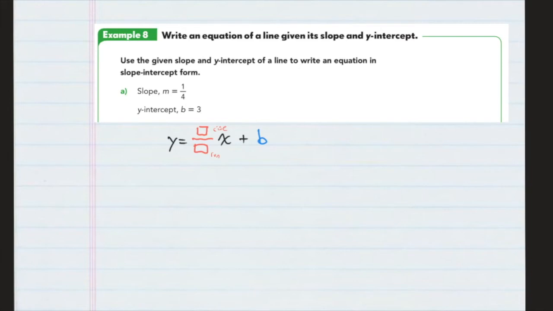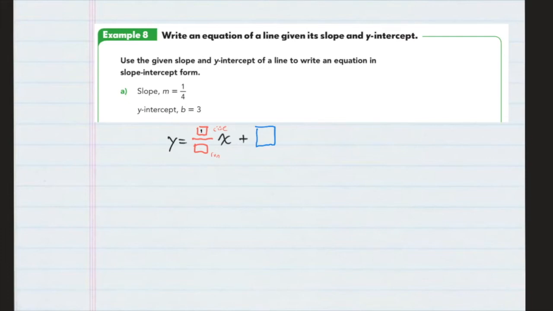In this case, we have a fraction. So sometimes I like to draw the boxes in. So instead of making this a b, I can make it a blue box. And what happens is it's just kind of like a fill in the blank. So my slope is 1/4.